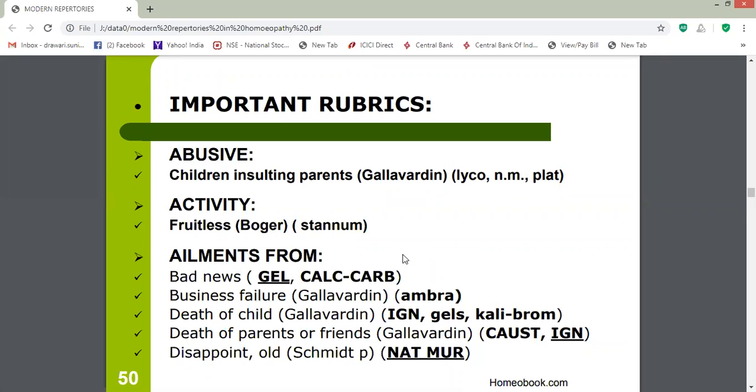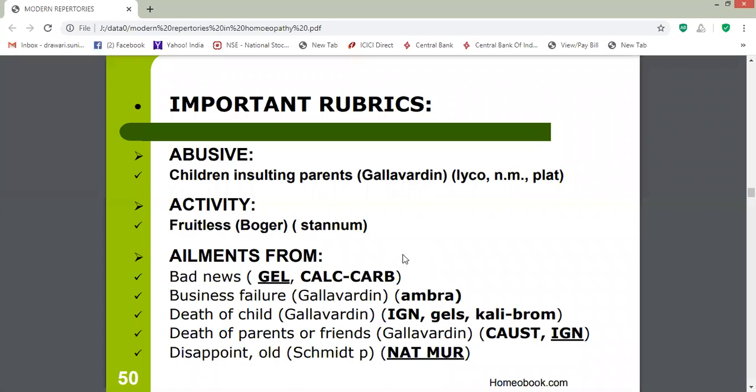And children insulting parents was taken from Gallaverdin's work. Then elements from this was the rubric. Bad news, elements from this is the rubric. Then bad news is a sub rubric. And in front of that the medicines Gelsemium, calcarea carb were given.